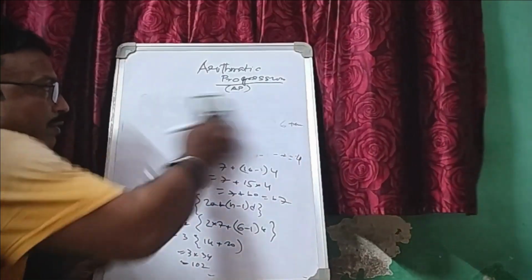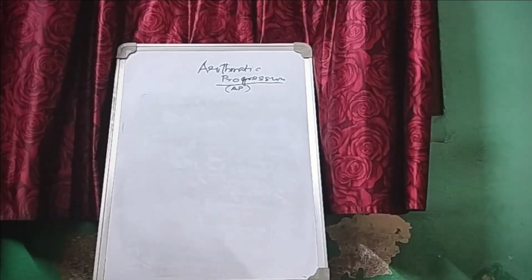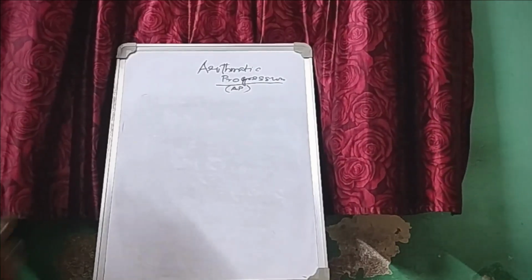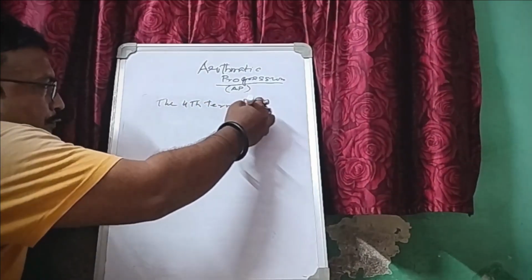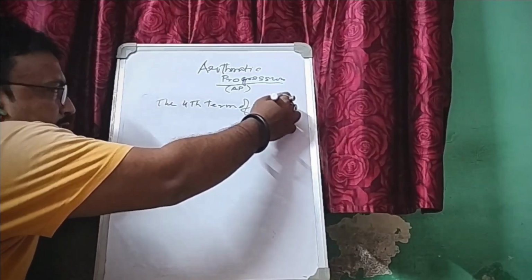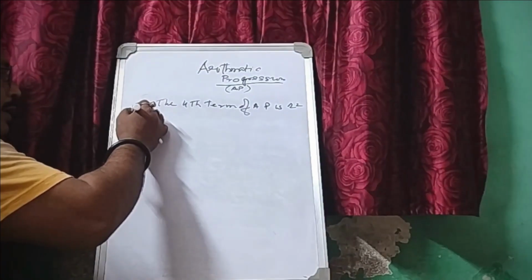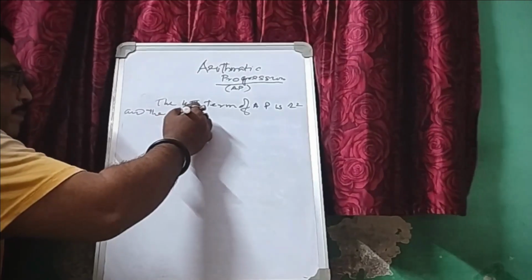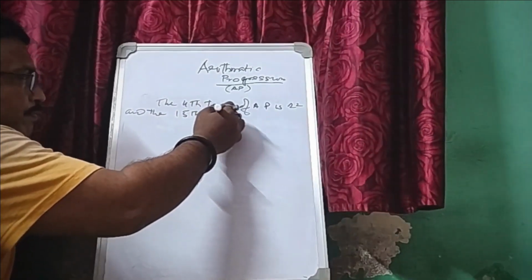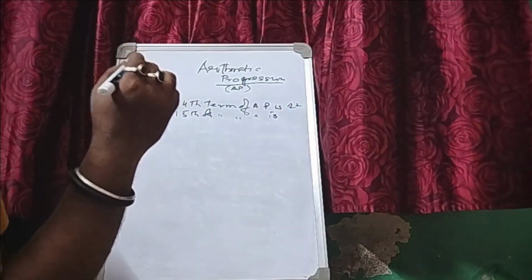Here is another problem. There will be so many problems in your books. The fourth term of an AP is 22 and the 15th term of the AP is 66.